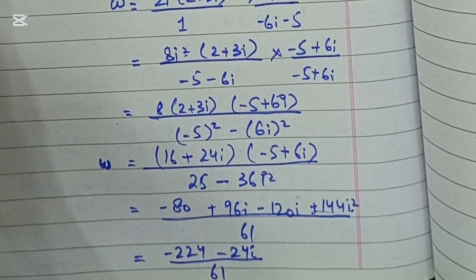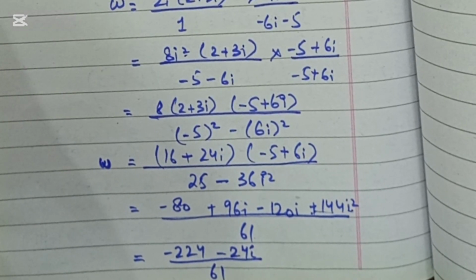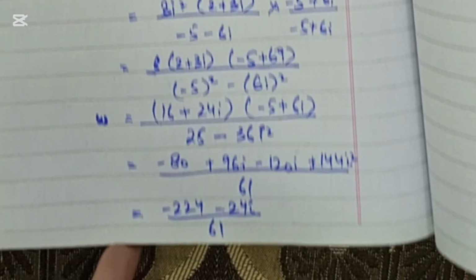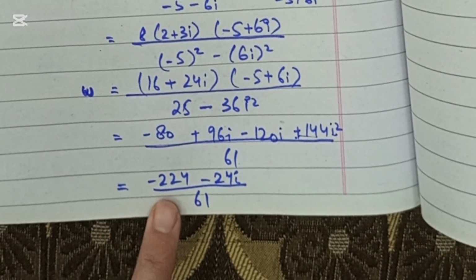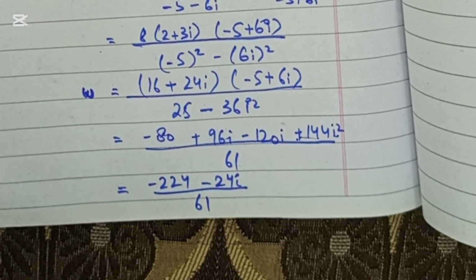Okay, so 224 divided by 61 cannot be further solved. So this is the answer for W: minus 224 minus 24 iota divided by 61, it is the answer for W.